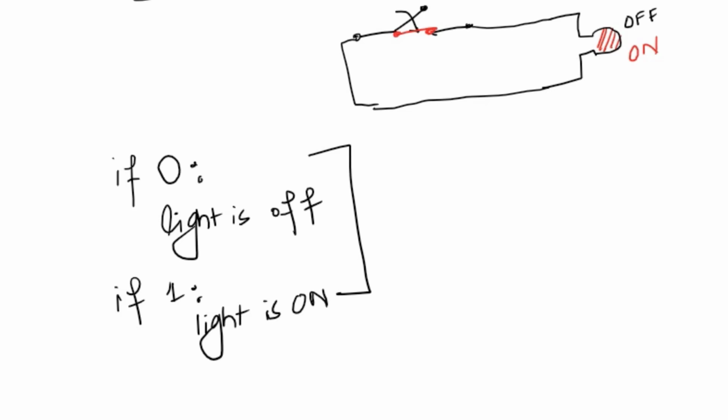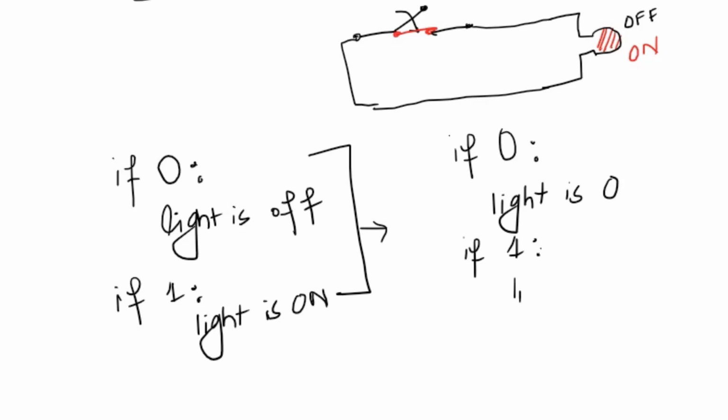Similarly, if I want to represent this off and on in terms of zeros and ones, I can also write it like: if 0, the light is 0, and similarly if 1, the light is 1.